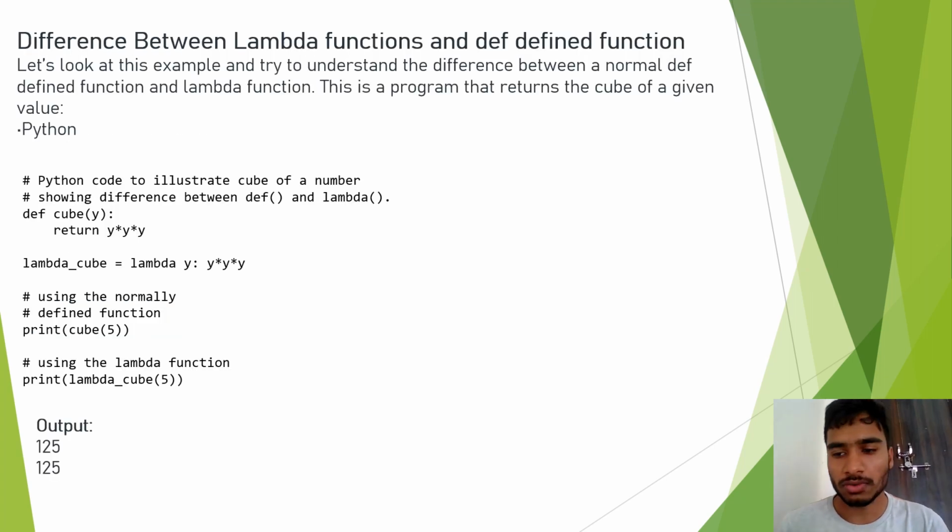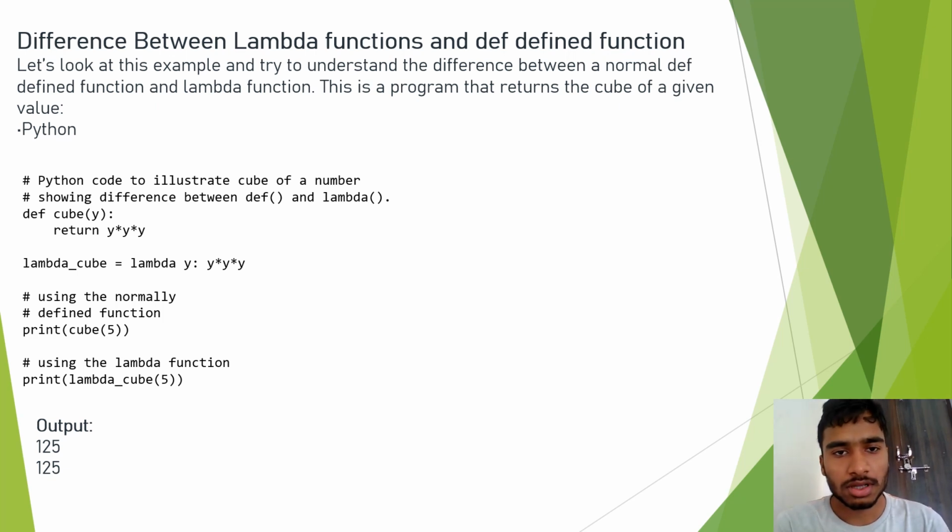Now we'll talk about the difference between lambda functions and def-defined functions. Let's look at this example and try to understand the difference between a normal def-defined function and a lambda function. This is a program that returns the cube of a given value. Python code to illustrate the cube of a number, showing the difference between def and lambda.